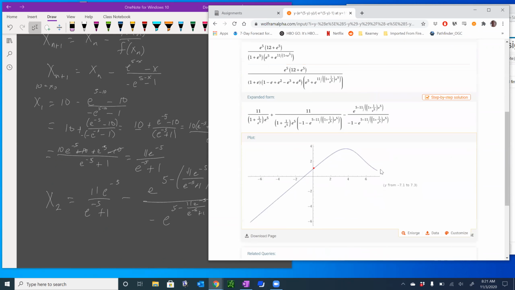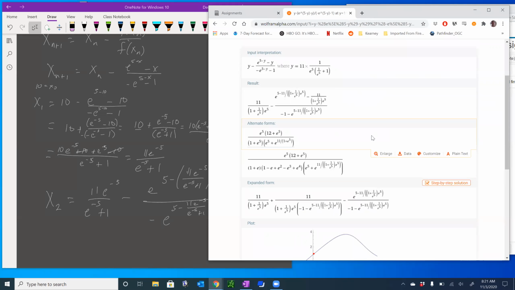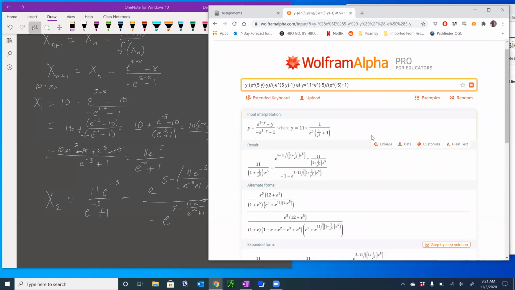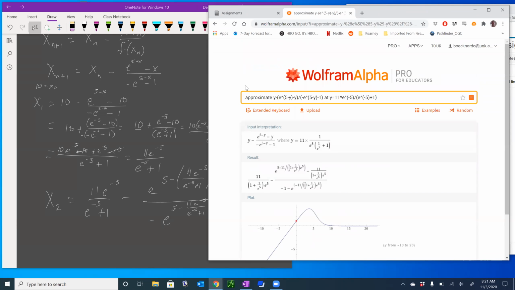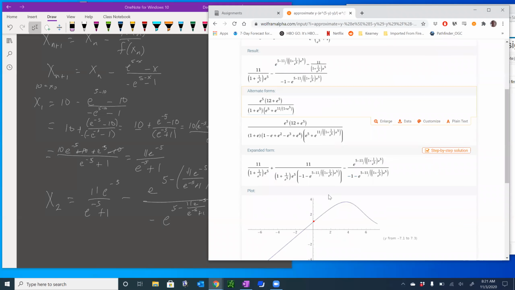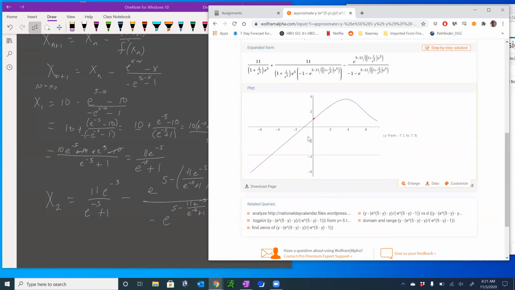Well, that's what I want, but it doesn't give me a decimal approximation. It's right in there, just a little bit bigger than 3.